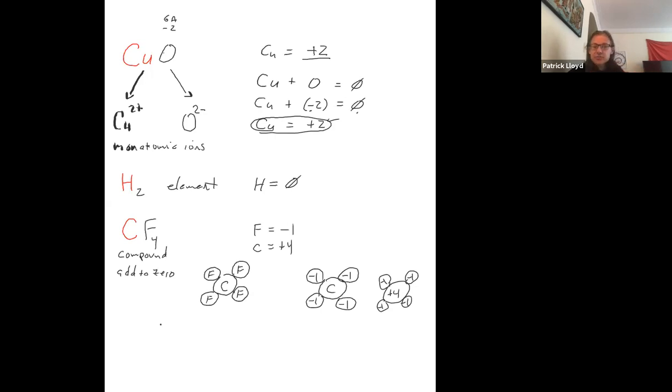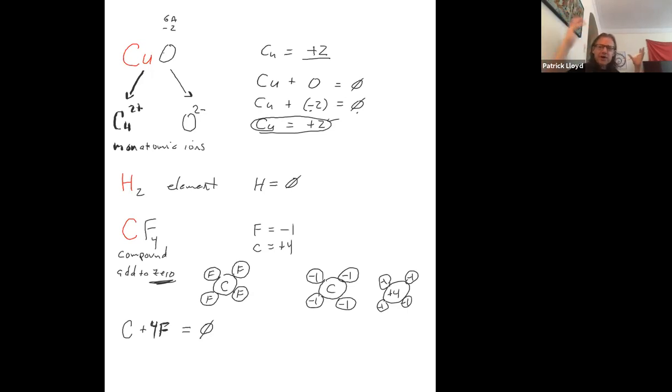Now here's an algebraic way to do it. Let's do it algebraically. We know they have to add up to 0. So I'm going to write it using symbols. Carbon is 1 element. And how many fluorines do we have? We have 4. So I'm just doing this for mathematical reasons. They have to add up to 0. And as I said earlier, if you have more than 1 atom of the same element, you assume they're all the same.